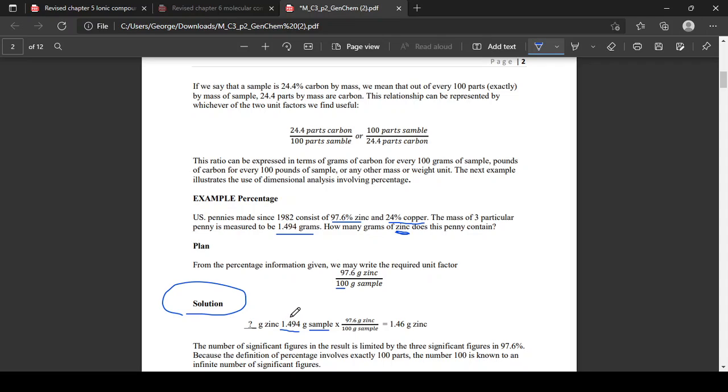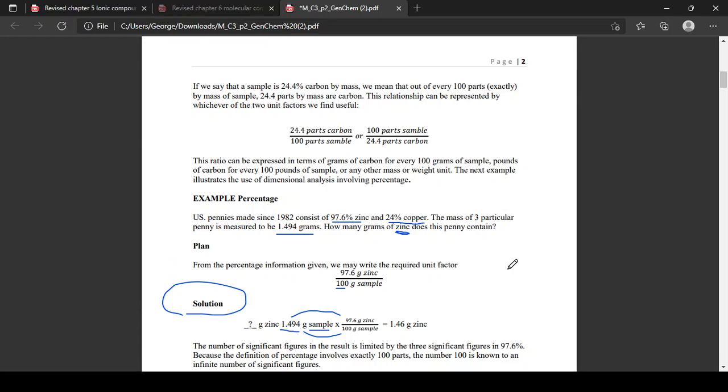Next, simply multiply everything on top and divide everything at the bottom. 1.494 times 97.6 grams of zinc is equal to 145.81 divided by 100.